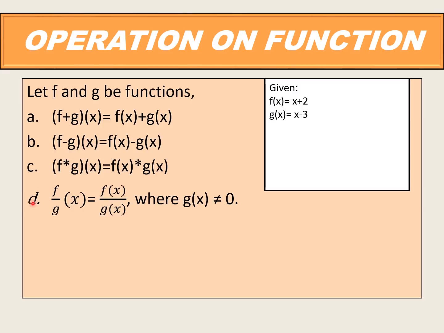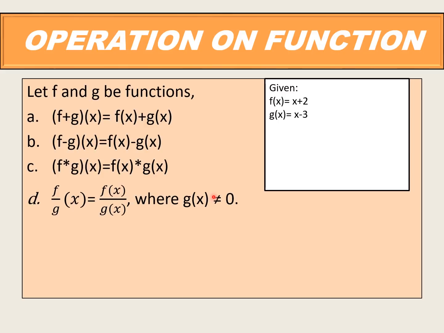Okay, the last definition is the quotient. So we have the quotient of f and g of the same domain x. It will be equal to f of x, the first function, divided by g of x, the second function, wherein we have a condition that our denominator g of x must not be equal to 0. Why?